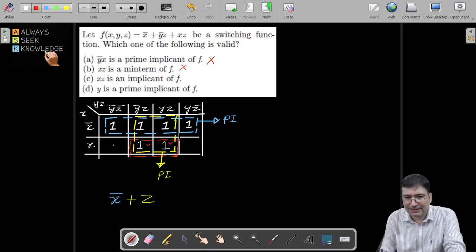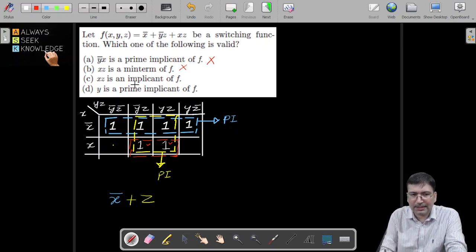So this thing is covering this thing. We have already discussed the covering functions. Because this is covered by this particular thing, this red highlighted thing cannot be the prime implicant, it is an implicant. So we can say xz is an implicant of f. So this is true. Now let's validate the fourth one.